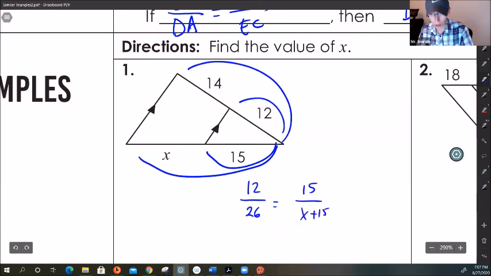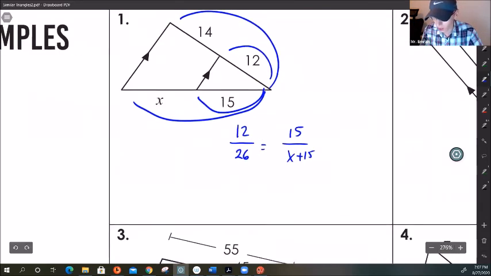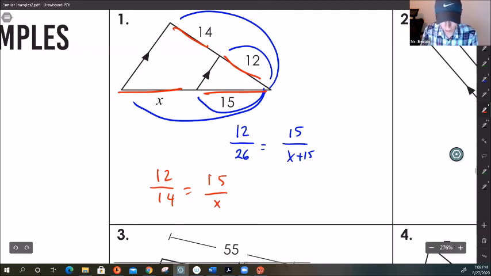However, now that you know those parallel lines must be forming proportional side lengths on the sides, you can actually write 12 to 14 is equal to 15 to x. That only works for those line segments that are cut by those parallel lines. So which one is easier, you think?